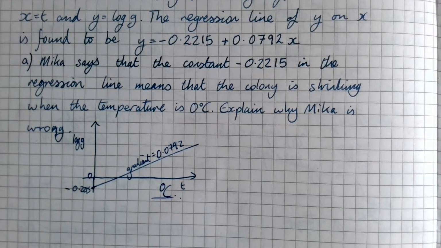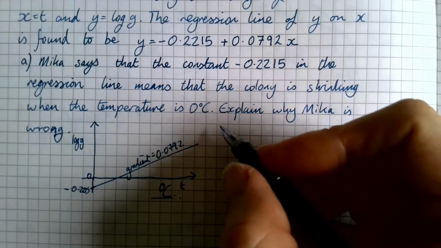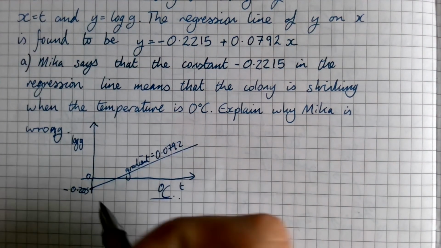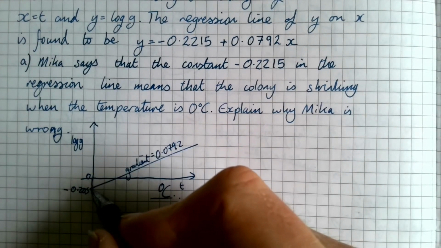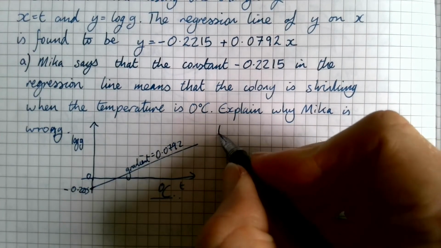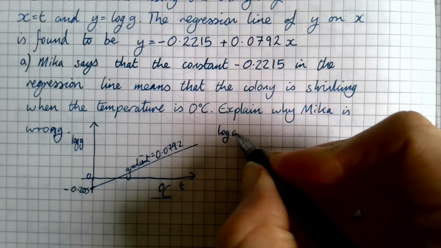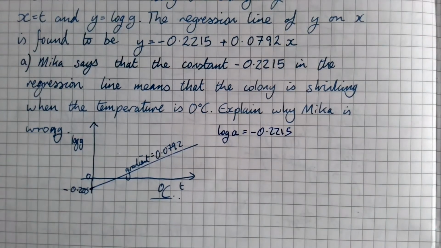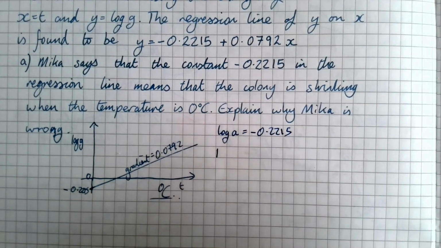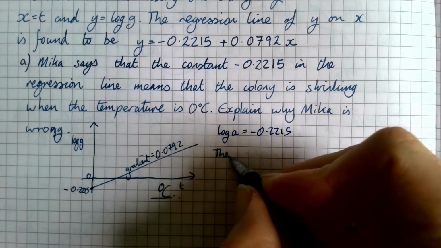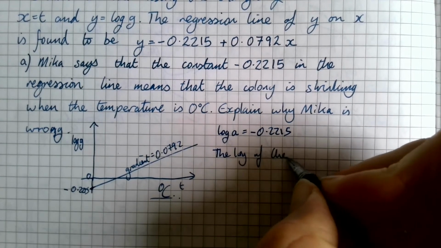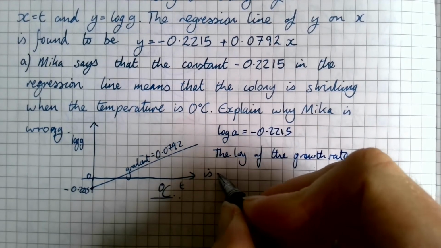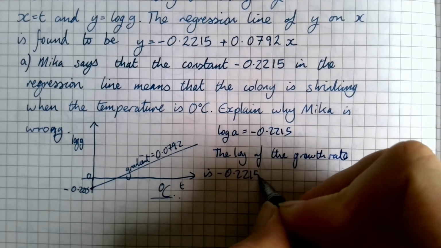But why is it not? It's because when we've got something that's been logged, it's not that which is the growth rate. Log a is equal to minus 0.2215. So the reason why is the log of the growth rate is negative 0.2215.